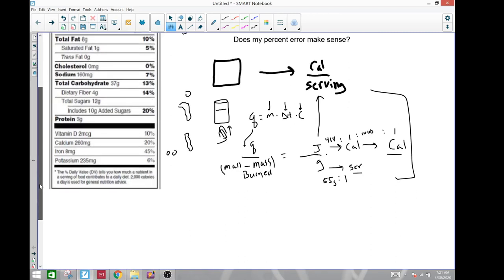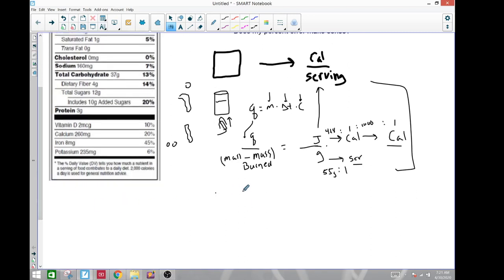If you don't know what percent error is, you've got to go and look it up. Percent error is going to deal with a couple of things. There are 2 values. There is your accepted value, which is literally what's on the package. And then there's the experimental value.